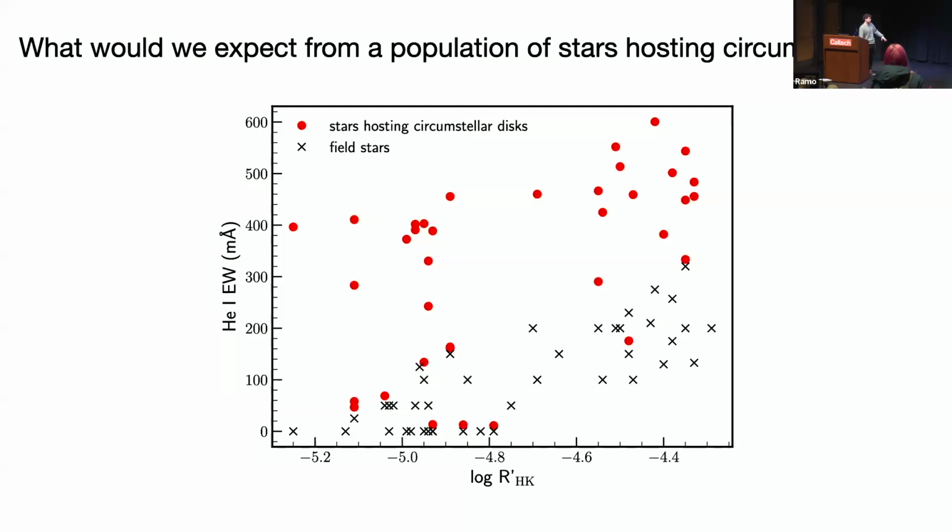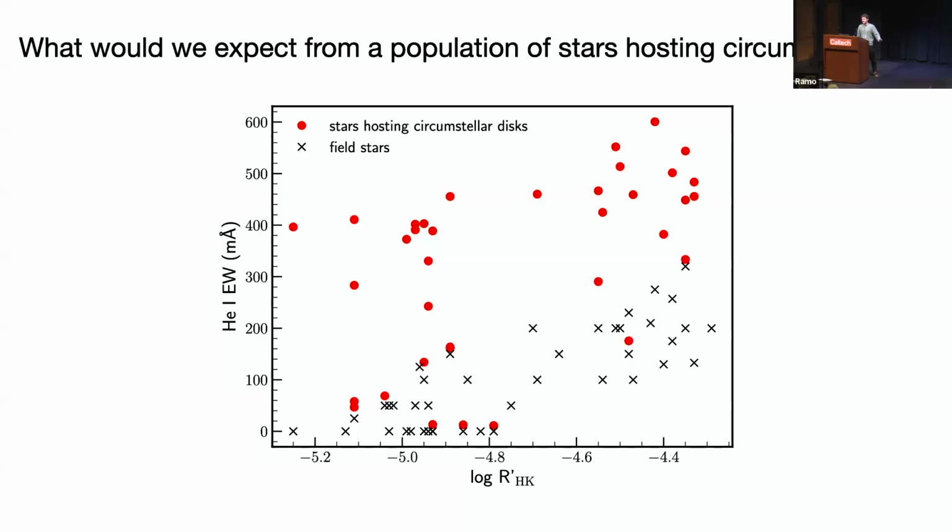And so I took the field star sample from Smith and put a disk around it and looked at the properties in helium. I didn't actually do any absorption in calcium for this plot, but it doesn't really make a huge amount of difference to the results.